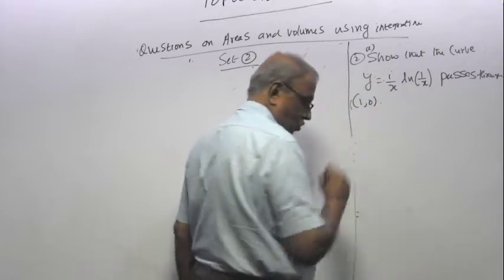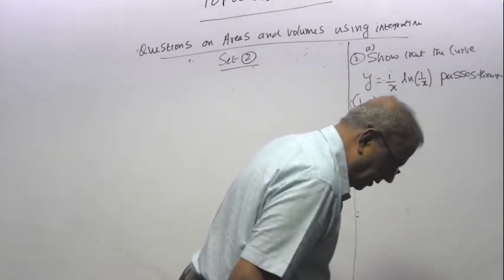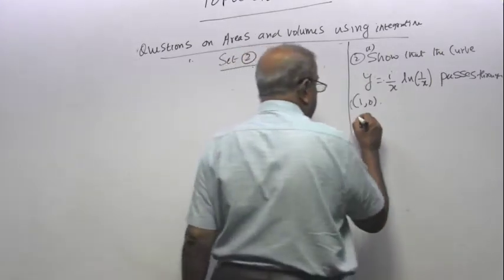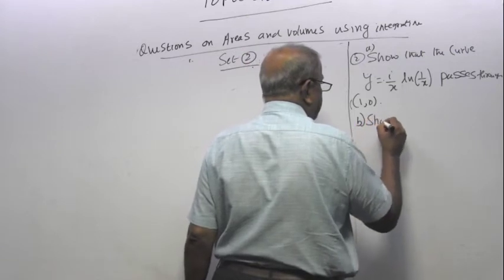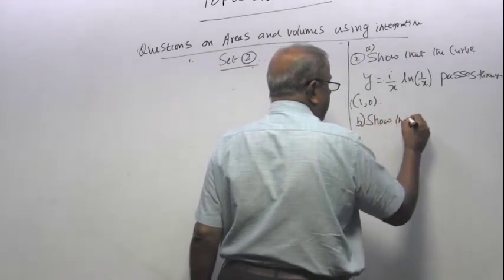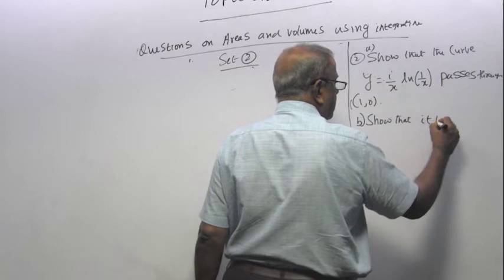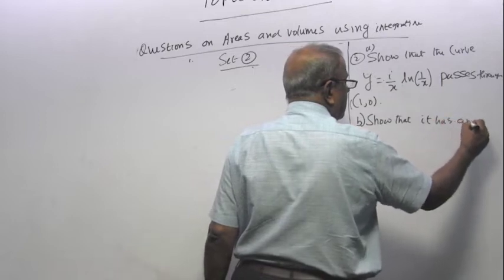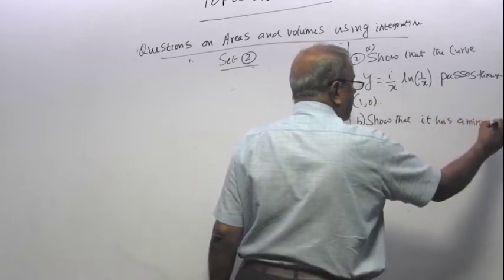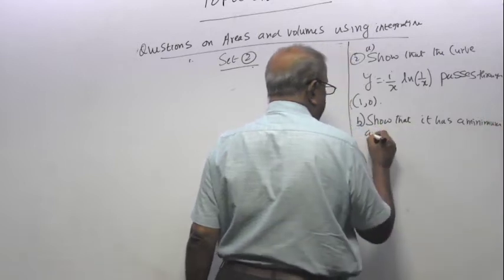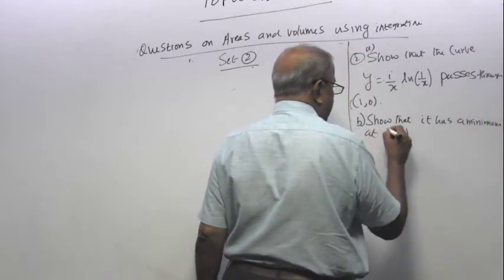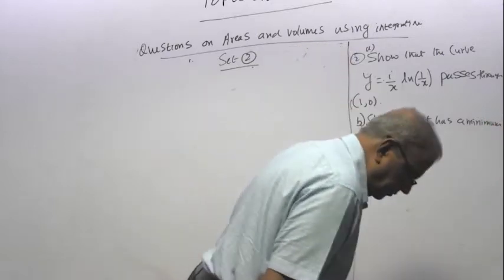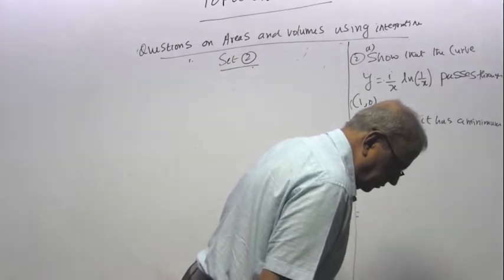Okay. What else does it say? Part B. Show that it has a minimum at 1 e.